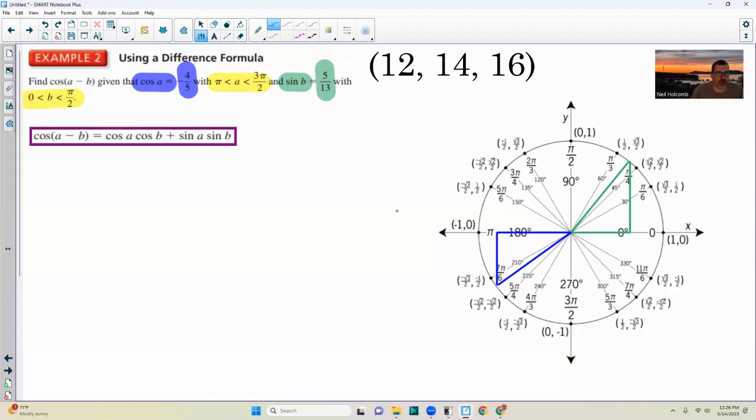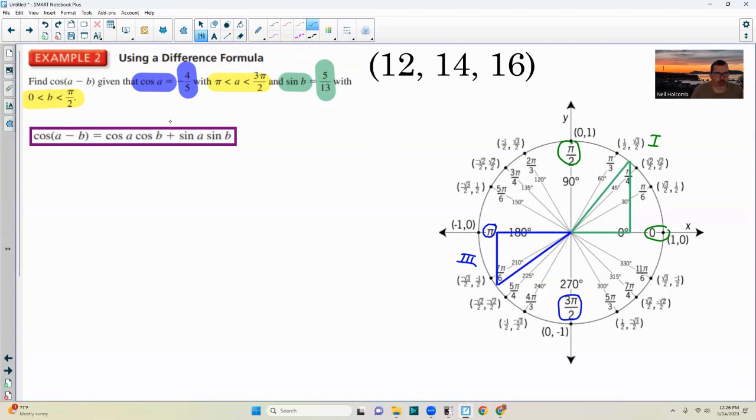So what you want to do is realize that we are between pi and 3 pi over 2. So here is pi. Here is 3 pi over 2. So I know this triangle is in quadrant 3. Okay. And then this triangle is between 0 and pi over 2. Well, here's 0. And here is pi over 2. It's in between. So that's quadrant 1. That's why I drew these here off screen. Okay. So that's where they are.